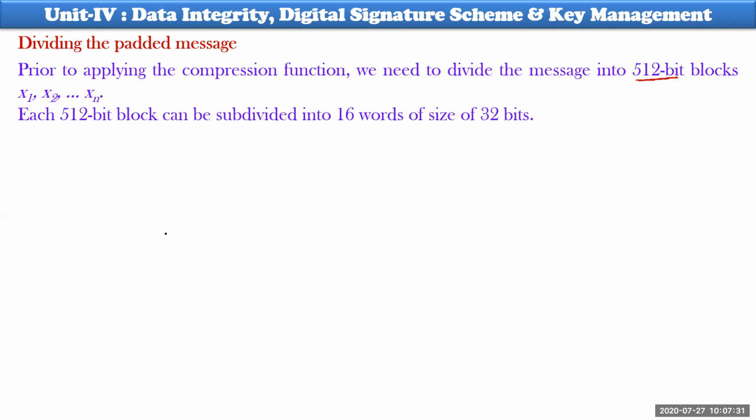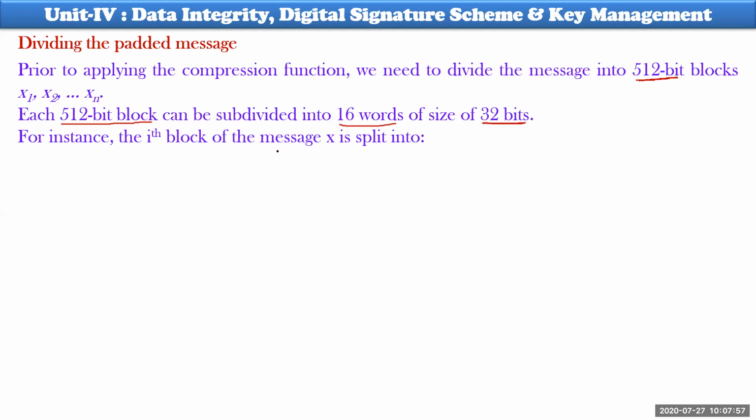Again, this 512 bit block is divided into 16 words. Each word will have 32 bits, and each 32 bit word will be considered as one particular block here.